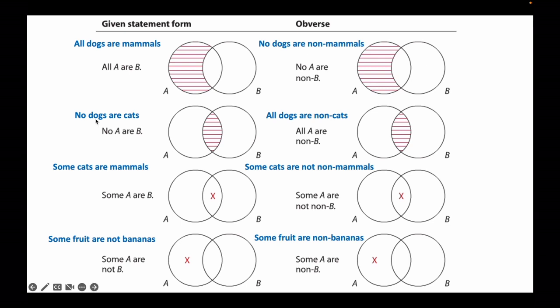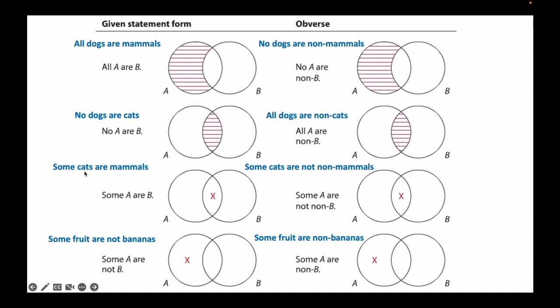In the E form, the diagram is again going to look exactly the same, because in the original statement I say no dogs are cats, and in the obverse version I say all dogs are non-cats, which is exactly the same thing as saying that no dogs are cats.